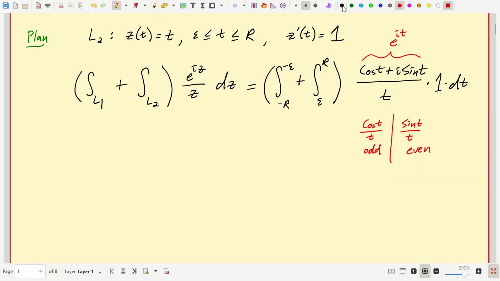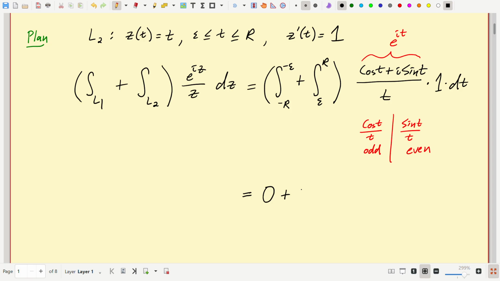So I claim that this is going to give me something I want. The odd function is going to cancel because they're symmetric, and the left side cancels the right side. But the even side is going to get added twice.